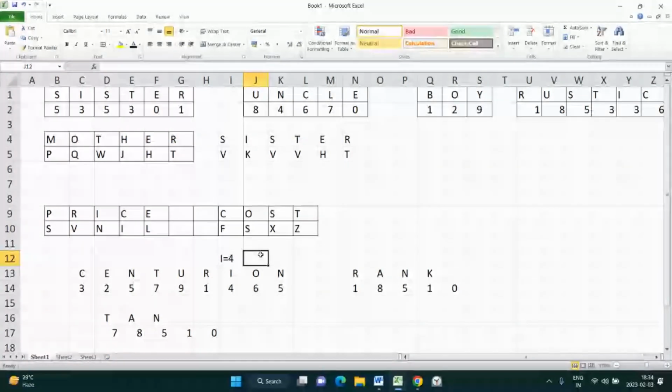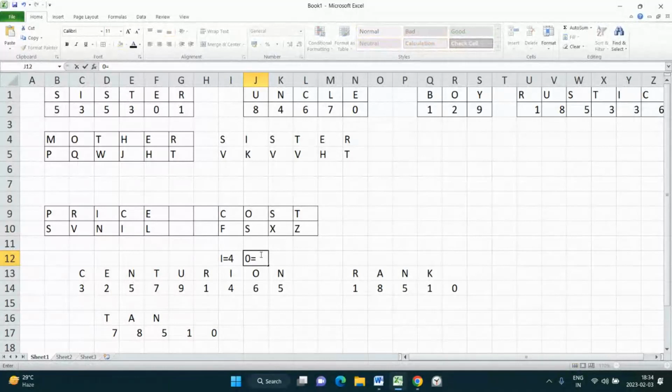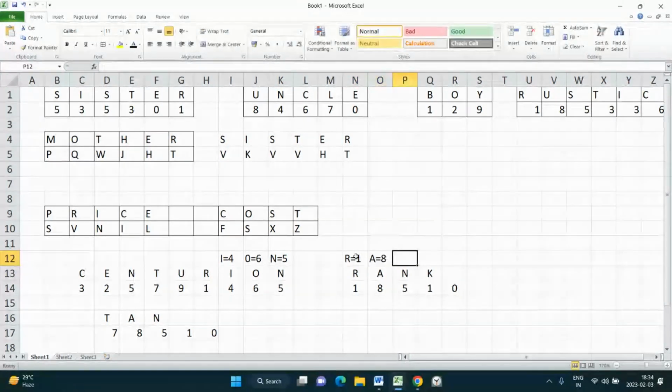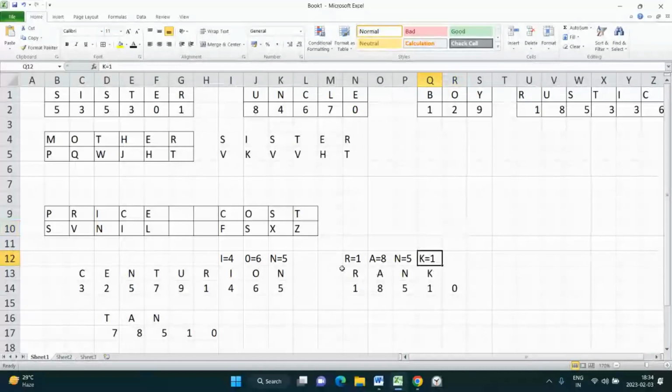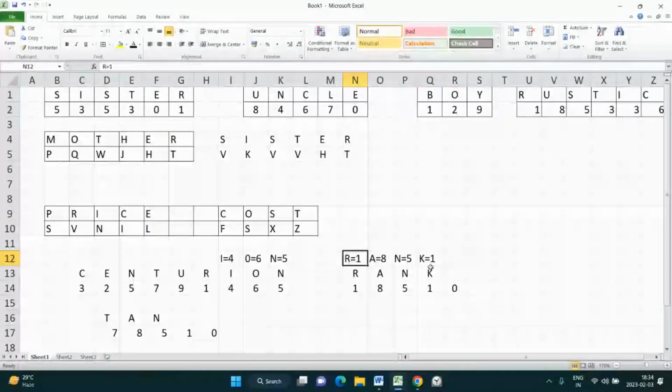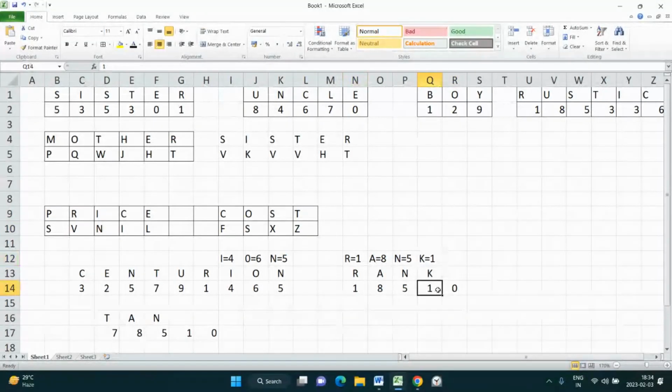I have O is equal to 6 here. N is equal to 5 here. I am coming here. R is equal to 1. A is equal to 8. N is equal to 5. And K is, now R is replaced with K for 1.